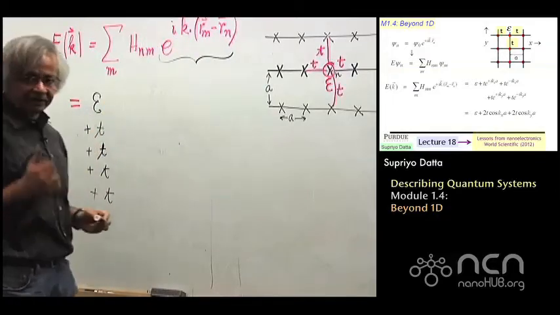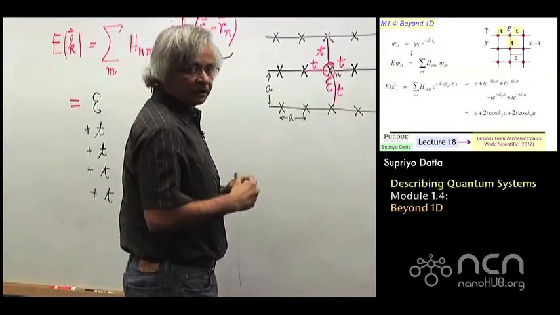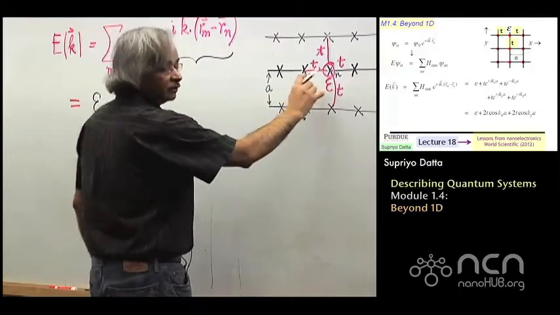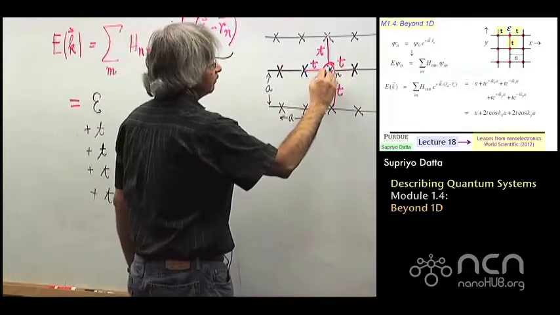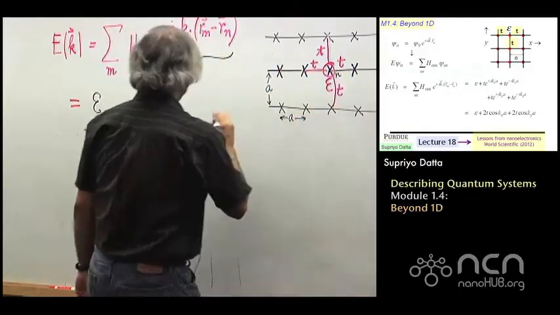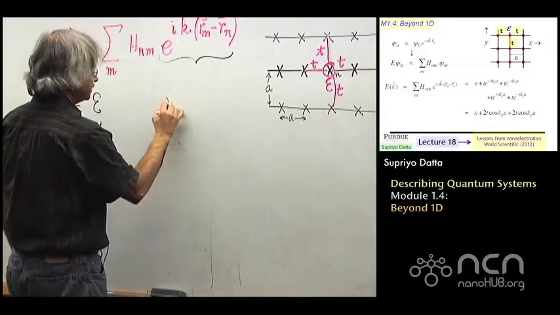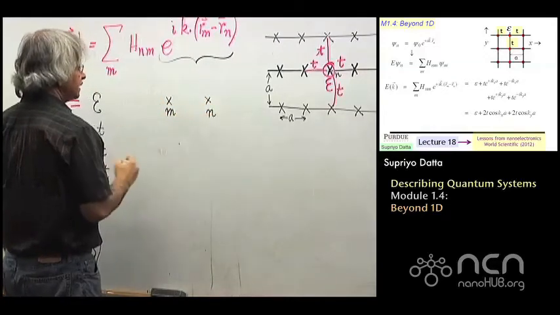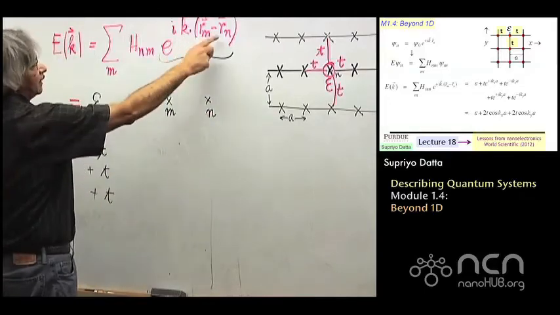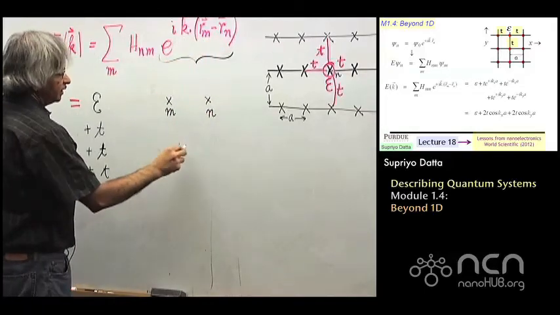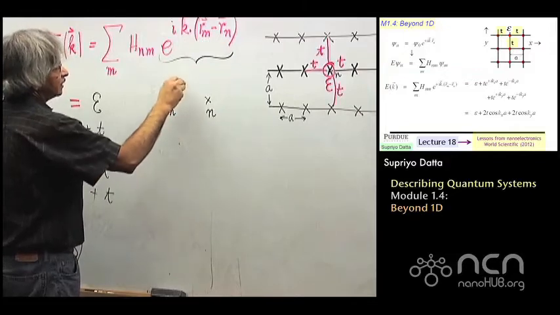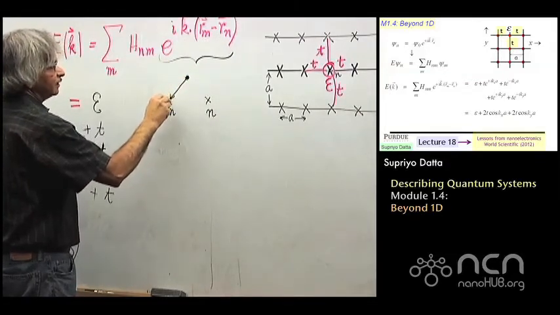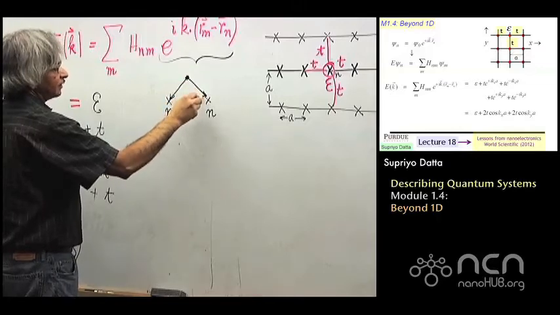Now let's think about the next one. The next one, you see, we are talking about the one on the right-hand side from here. And if you think of, let's say, this is the point m, and this is the point n, and you want to know what is Rm minus Rn. Now the point is that supposing your origin is somewhere here, then Rm is that vector, Rn is that vector.